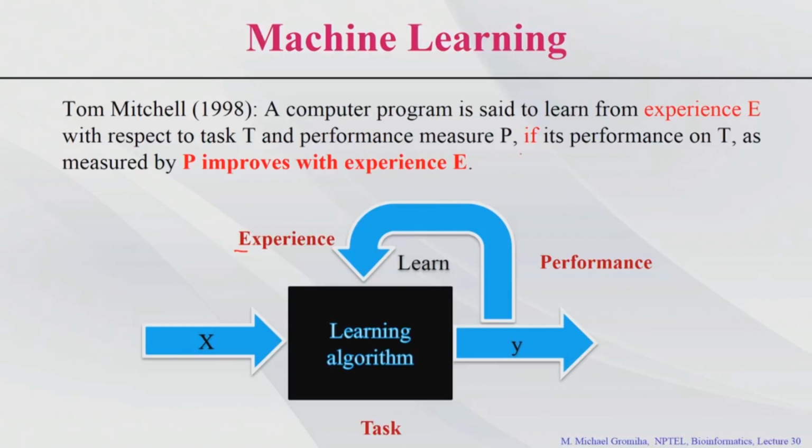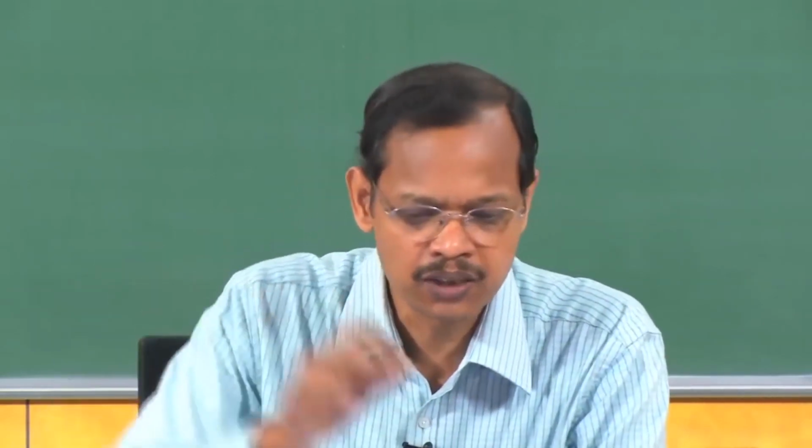A program learns if its performance P on the task T improves with experience E. If the learning algorithm gets information from the experience and increases the performance, then we say the program learns from experience E with respect to our task class T, that is classifying transmembrane helical and strand proteins, with respect to the improvement in performance P, for example accuracy. That means it learns only if the performance increases for our own task.